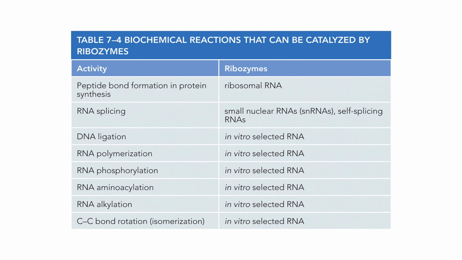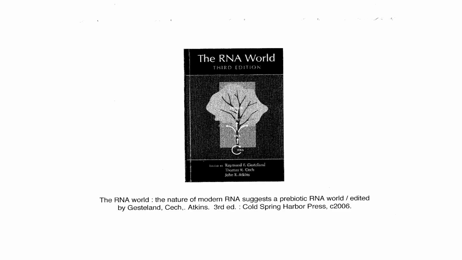It can also make proteins, because it can bind amino acids together. So the thought is that the earliest forms of life on Earth were probably based on RNA. People have referred to this as the RNA world. That is, RNA was the essential genetic and biochemical information in the cell.